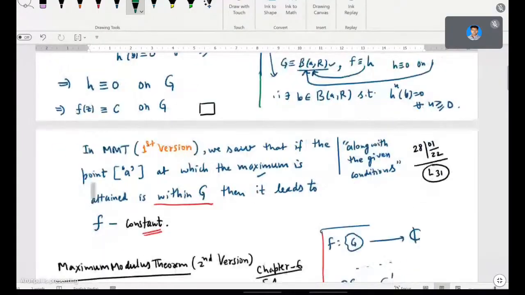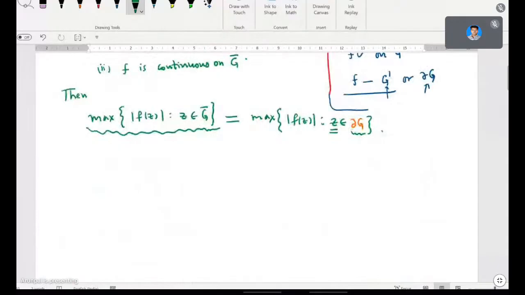So in short, I can write it like this: the maximum is attained only at the boundary of G.